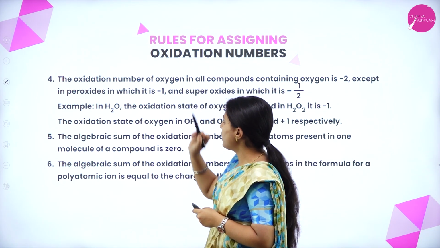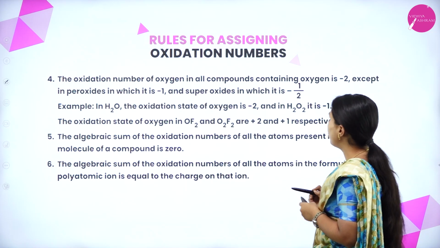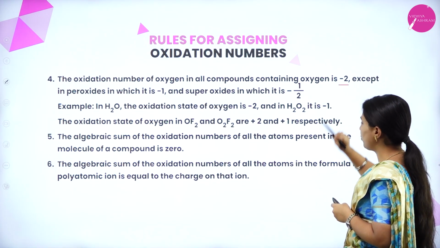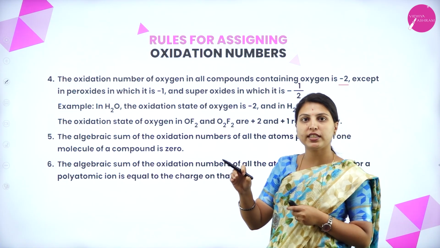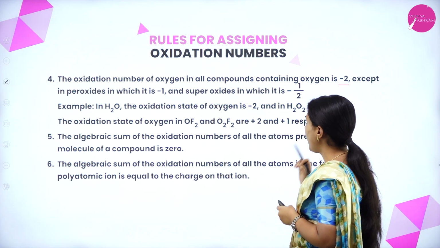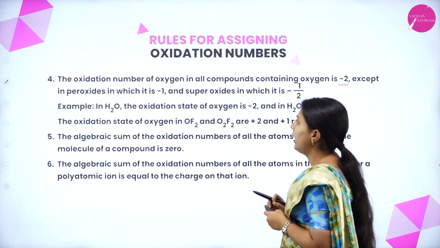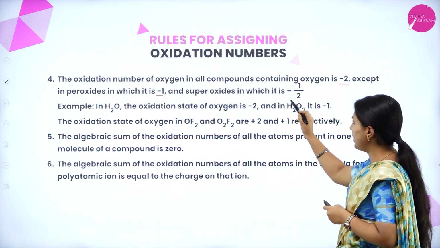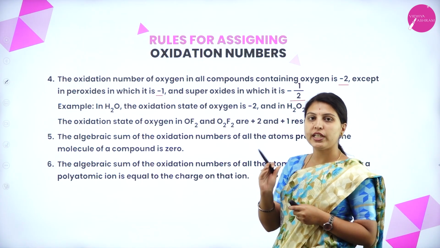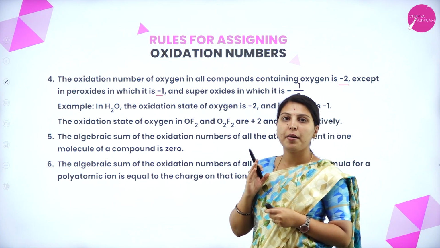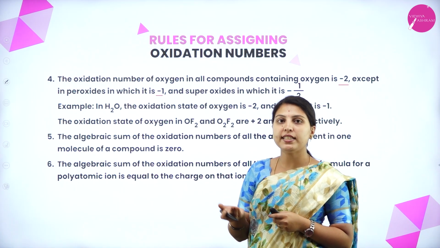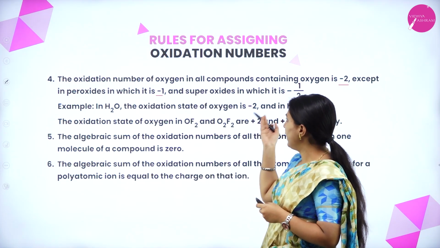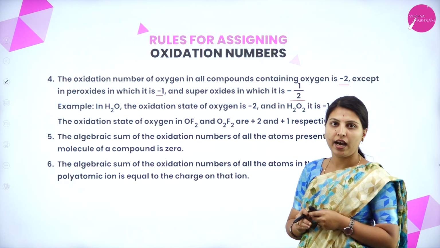Next, the oxidation number of oxygen in all compounds containing oxygen is -2. Usually the oxidation number of oxygen is -2, except in peroxides, in which it is -1, and in superoxides, -1/2.